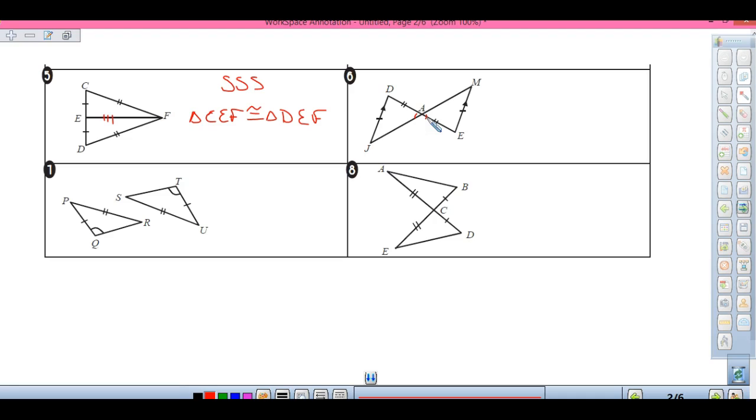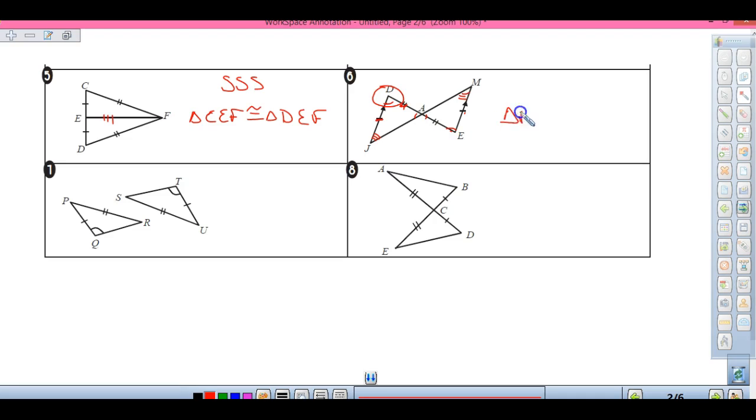Okay, if you look at your gold sheet, if you have parallel lines, what are you supposed to look for? Alternate interior angles. So my alternate interior angles are going to be here and here, right? And actually here and here, but those don't do us any good. So now that I have these angles, now I have side, angle, side, right? And side, angle, side. Does that make sense how we came to that conclusion?